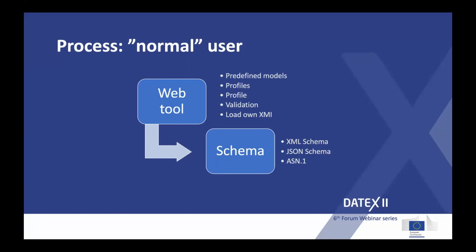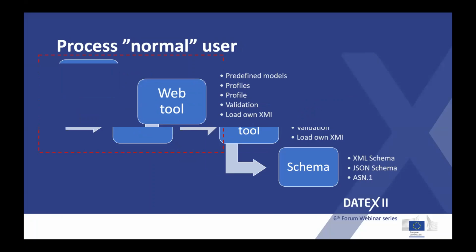So we currently have more features in the web tool, and that is what we think would be for the future as well. But you can still do, and you should use, Enterprise Architect to do UML modeling, especially extensions. Then you can export to XMI and load it into the web-based tool. So the result is more or less the same, but this is more modern and works on all platforms.